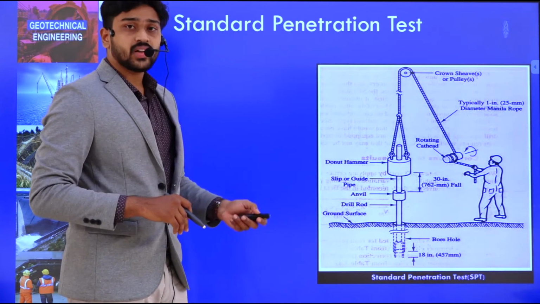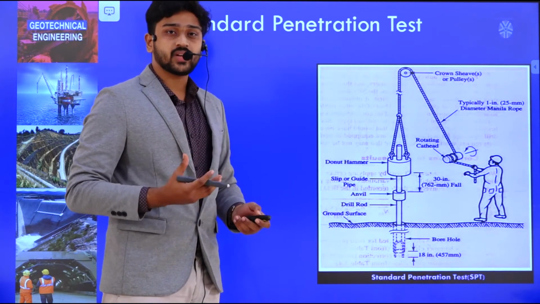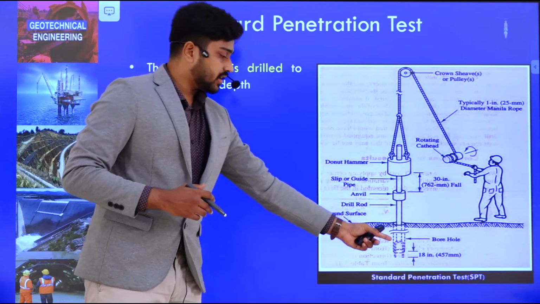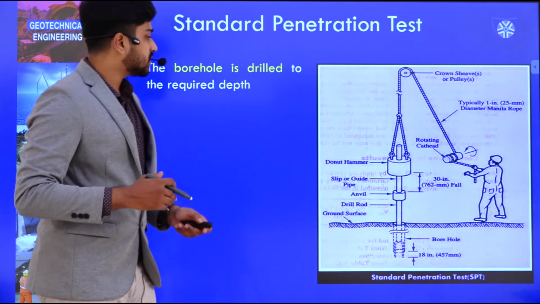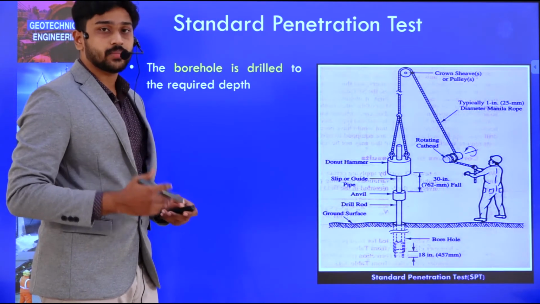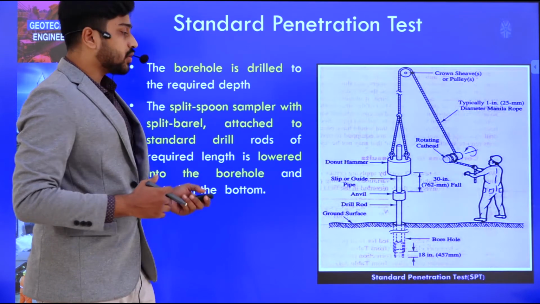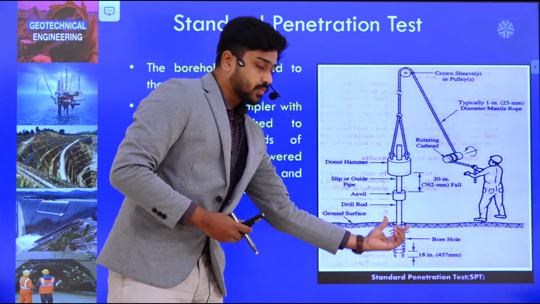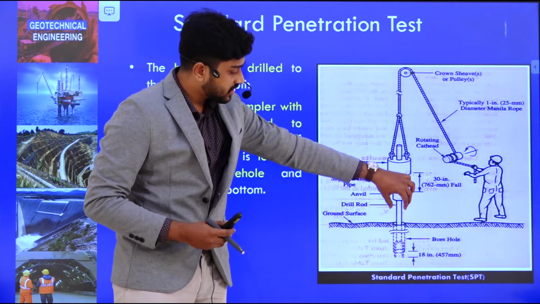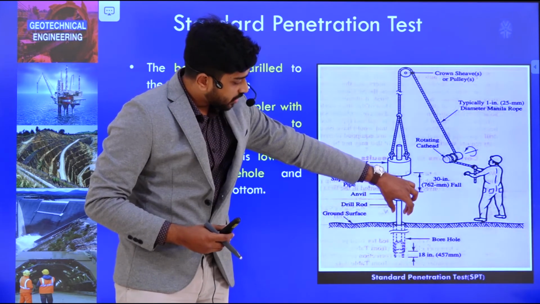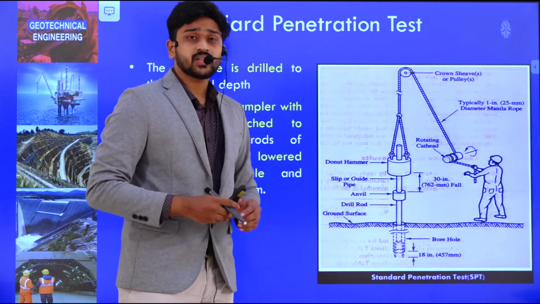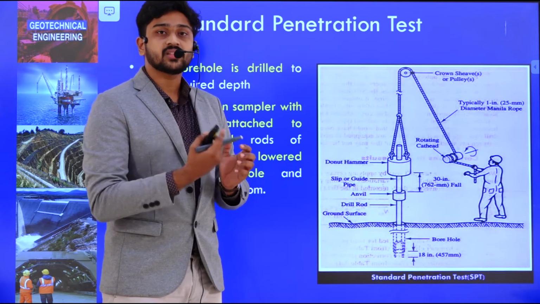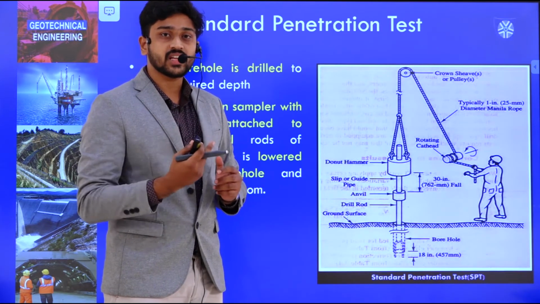Let us look in more detail at how the procedure is done and how the sample is collected. Clear? A borehole is initially to be dug, as shown here by the dotted line, up to the required depth. Then there is a split spoon sampler present here. In the borehole, we need to place the split spoon sampler along with this drilling rod, and inside it, along the inner surface, there is a split barrel.